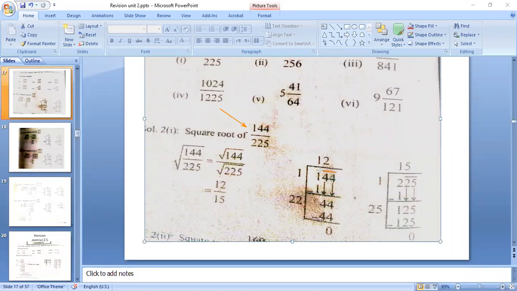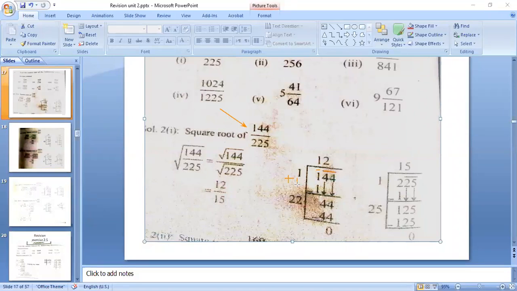So it is paired 1. Now 1 times 1 we write in the quotient and in the divisor. So 1 times 1 is 1. 1 को 1 से multiply करेंगे 1 आ जाएगा. Then we will carry 4 and 4. Now we will add 1 in this one.